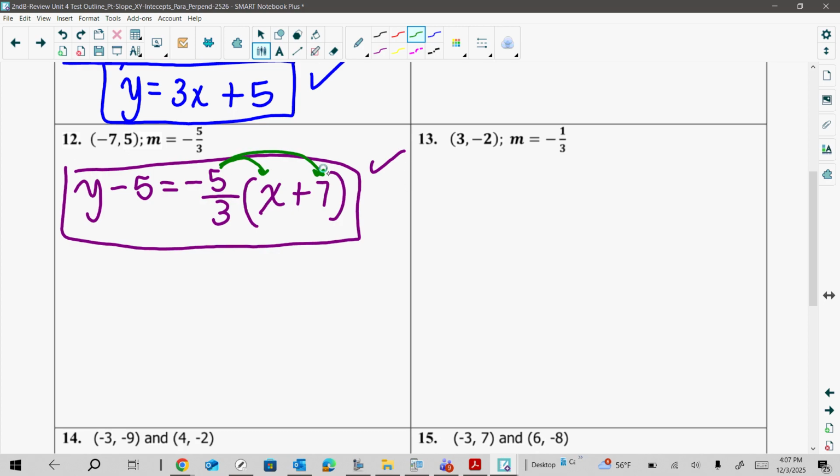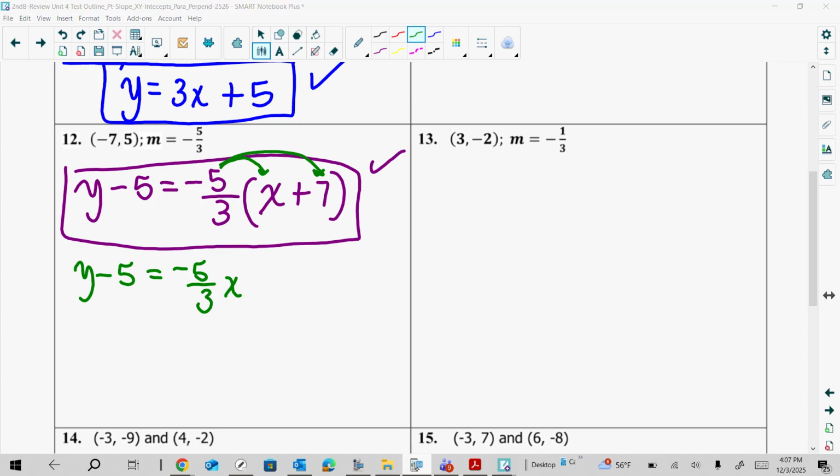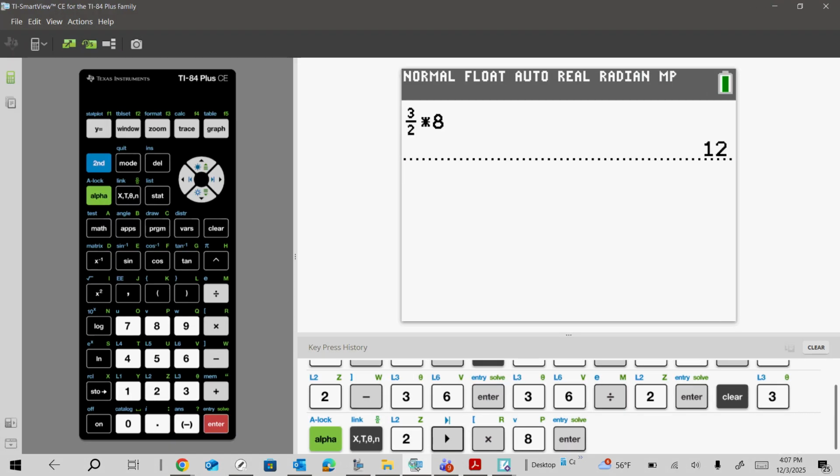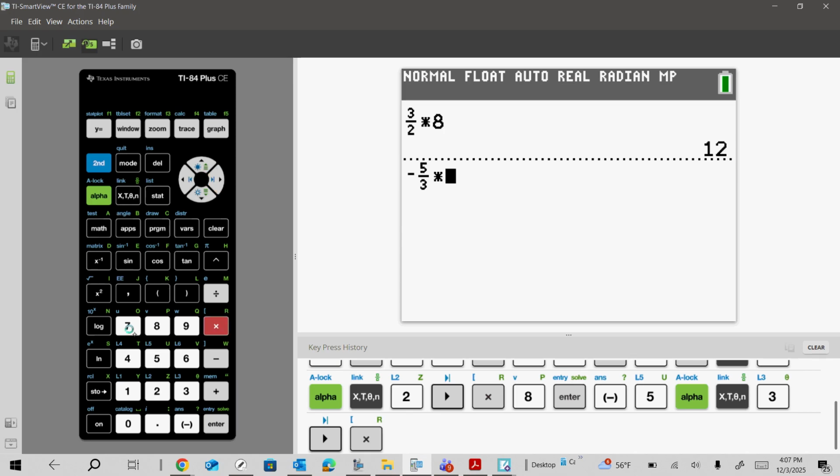Okay, so we have to distribute this negative 5/3 to both terms. Now, I don't want this to discourage anyone, so this is why I'm going over this one with you. So y minus 5 equals a negative 5/3 x, and then we have to do negative 5/3 times that 7. So we go to our calculator, negative sign, 5/3, arrow to the right, and we're doing times 7, and this is going to give us a fraction answer, and we're going to be okay with that.